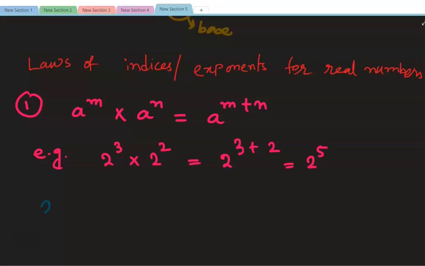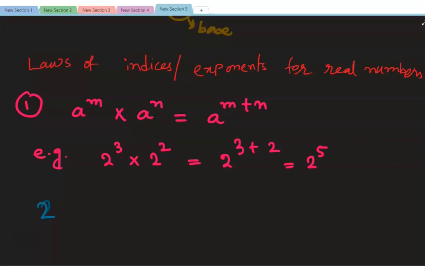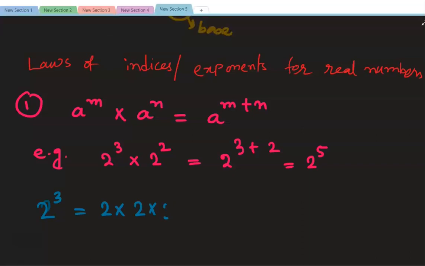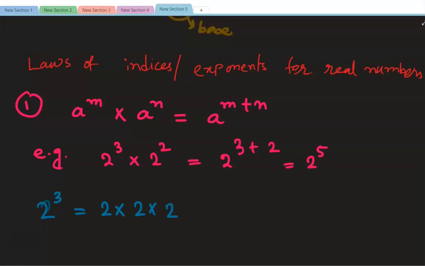So we have 2 to the power 3. That means 2 is multiplied 3 times. Again we have 2 to the power 2, so that means 2 is multiplied 2 times.